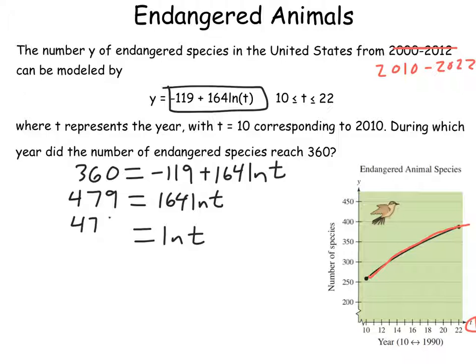Second step would be to divide by 164. A lot of you would probably just write that as a decimal at that point. I don't want the rounding error, so I'm going to leave it. Plus, I like to go to my calculator just one time at the end.